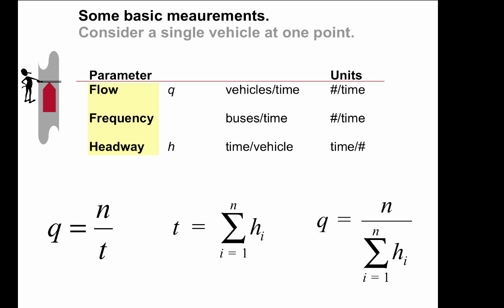So if you have a 1-hour period and you count 4 buses with 15-minute headways, the sum of 4 15-minute periods equals 1 hour. And then finally, you can see the relationship between the two: flow is just N divided by the sum of the headways. Okay, so that's the basics.